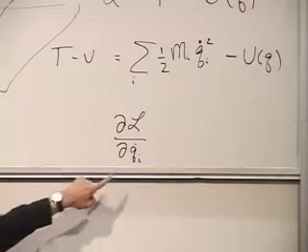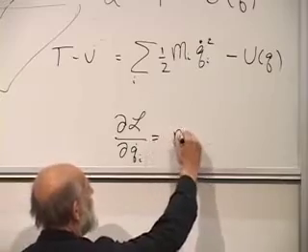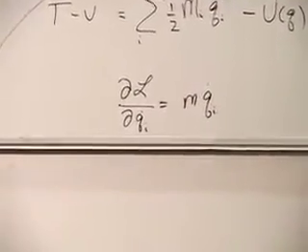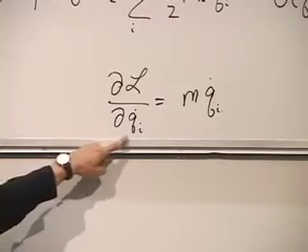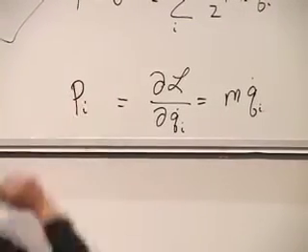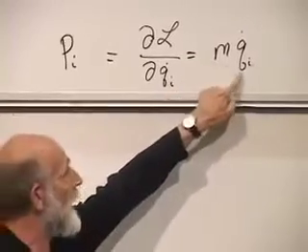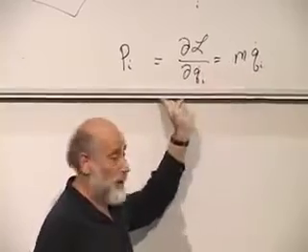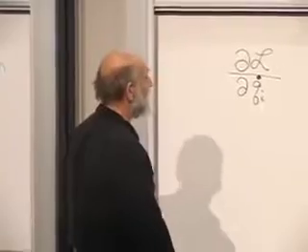Pick one. Partial of L with respect to q sub i dot is just equal to m q sub i dot. This quantity is also known as the canonical momentum conjugate to the coordinate q, and it's often written p sub i. Notice that it is the momentum, mass times velocity, for the usual particle on a line. p sub i is m sub i q sub i dot.